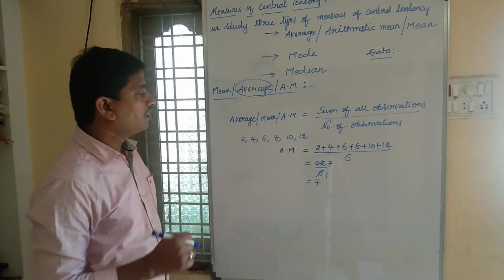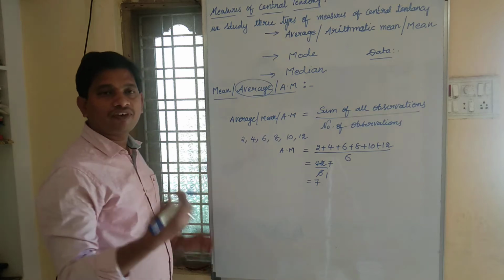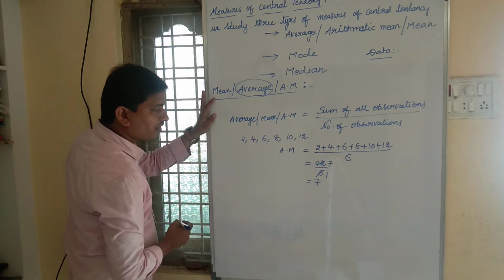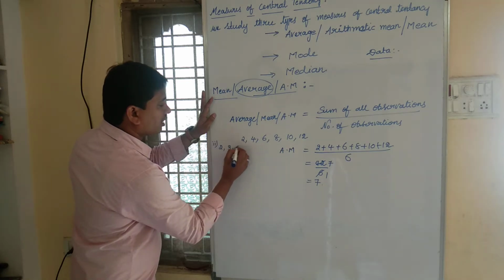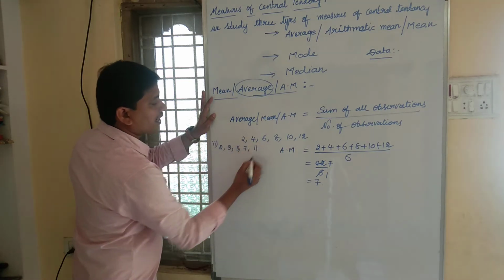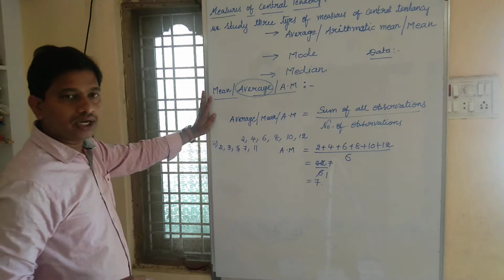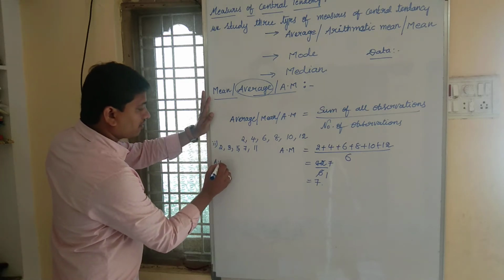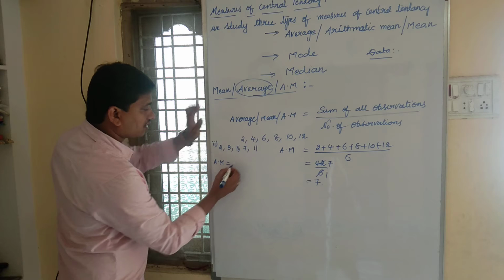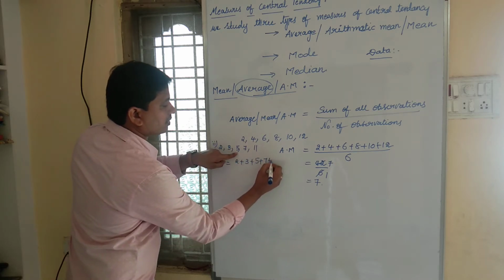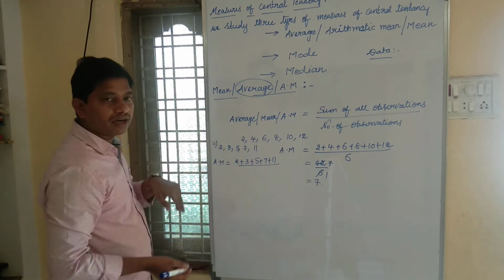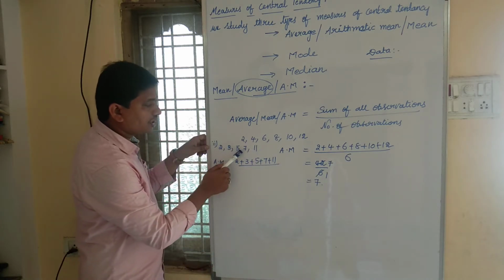For example, what is the arithmetic mean of first 5 prime numbers? Children, what are the first 5 prime numbers? They are 2, 3, 5, 7 and 11. Let us find arithmetic mean. Arithmetic mean equals sum of observations, 2 plus 3 plus 5 plus 7 plus 11, by number of observations. How many? 1, 2, 3, 4, 5.